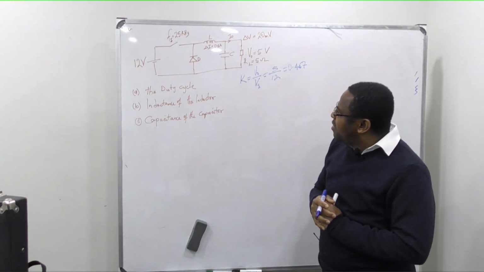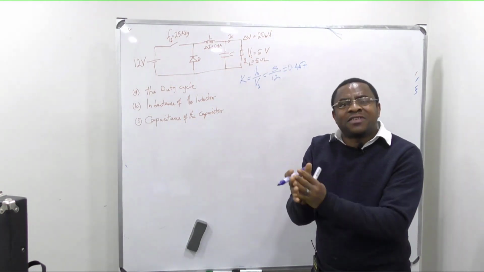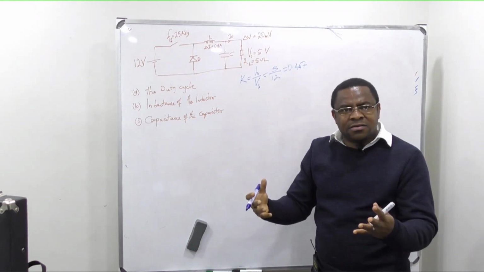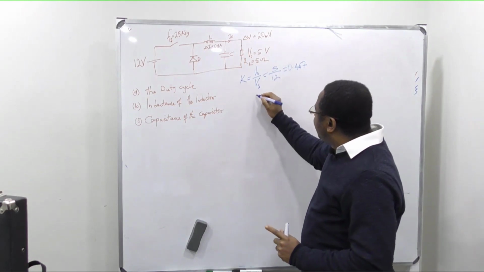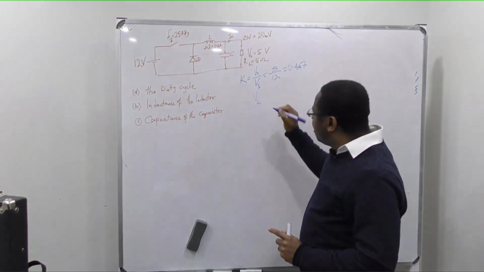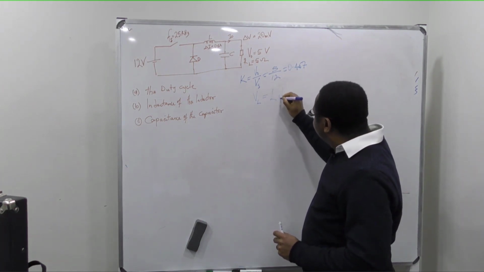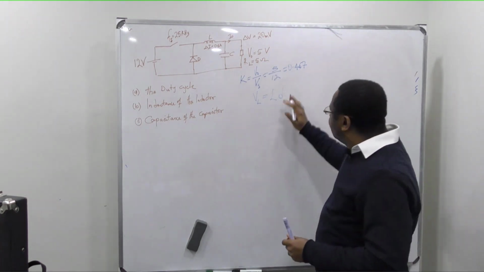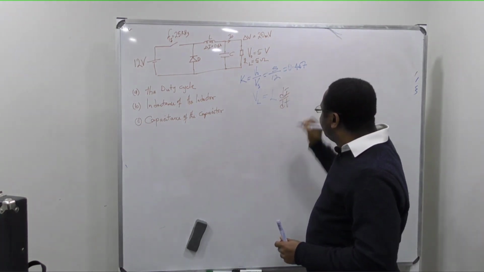Now, how do we calculate that? We need to look for any equation that relates inductance with voltage on the inductor. And the only equation that we know is that the voltage across the inductor is the inductance times the rate of change of current.